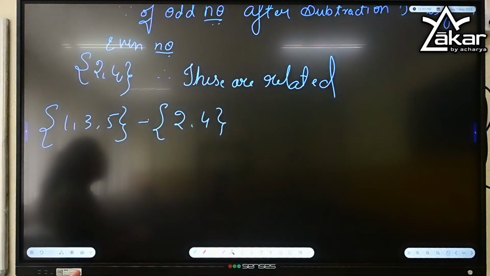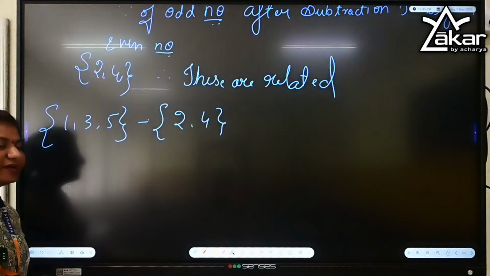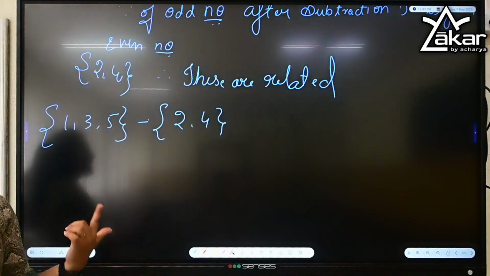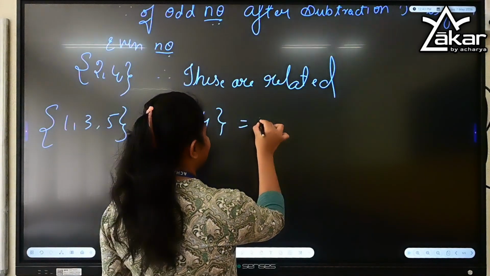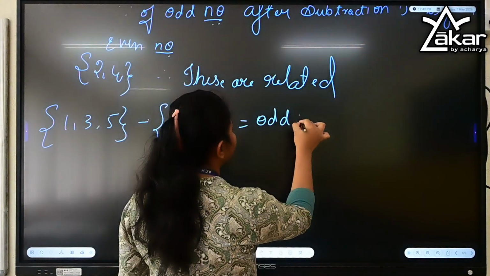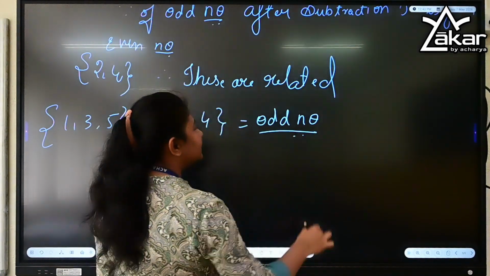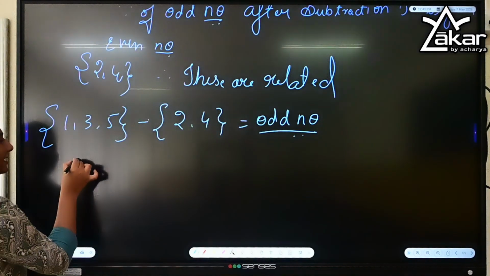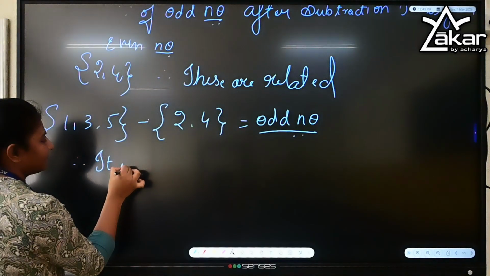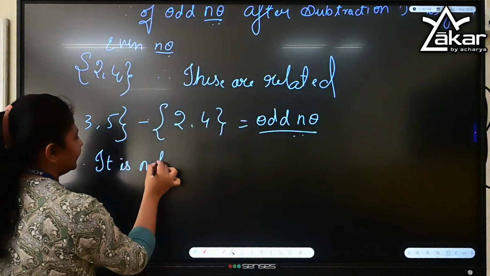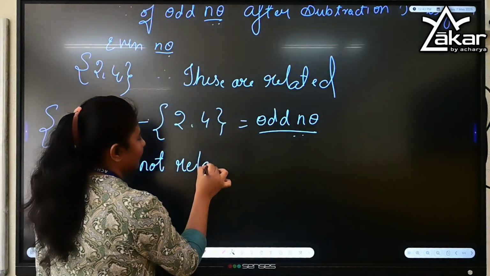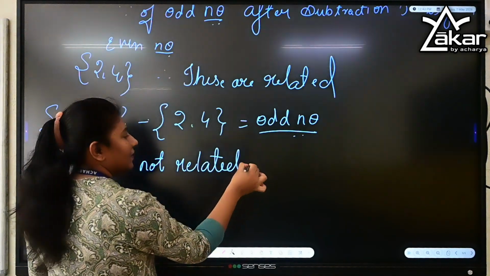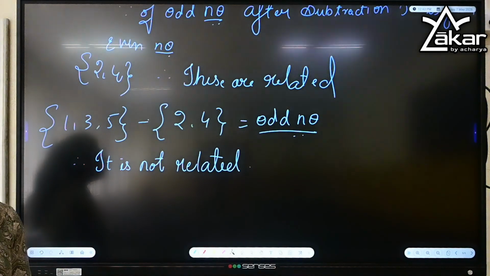So however the element you deduct with the given relation R, it is giving an odd number. So this is not related. Done. This finished the first problem.